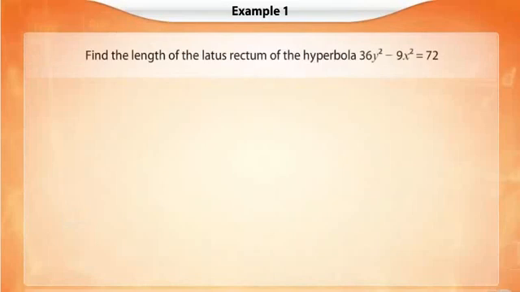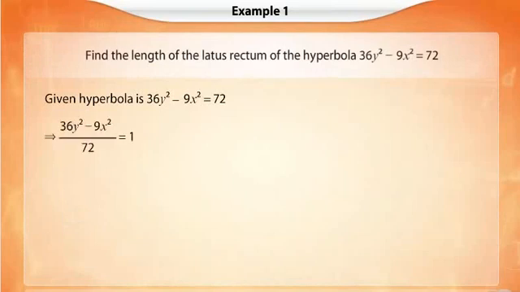Let's see an example. We need to find the length of a latus rectum of the given hyperbola. The given hyperbola is 36y square minus 9x square equal to 72. First, let us convert the given equation into its standard form as shown.